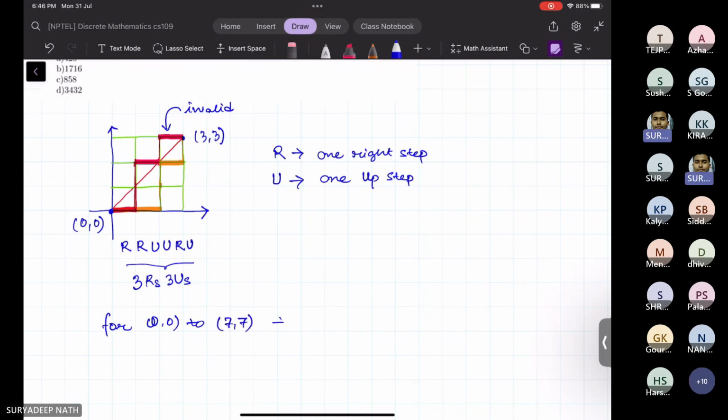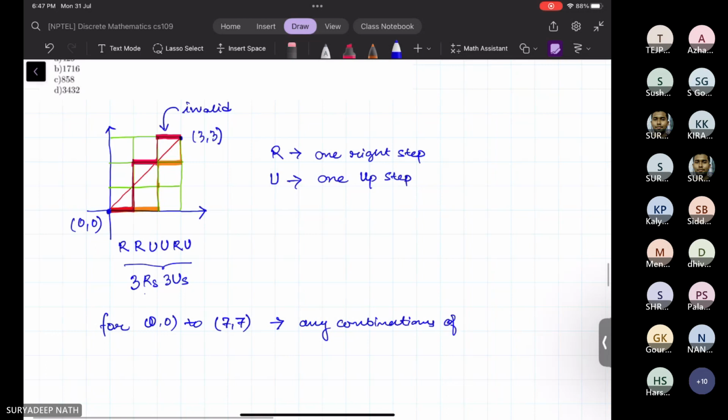You take any path that goes from 0,0 to 3,3, it will be some permutation of R R R U U U, and there will always be three R's and three U's. Similarly, for 0,0 to 7,7, there will be any combination of 7 R's and 7 U's.